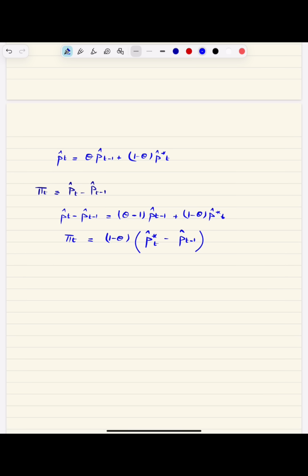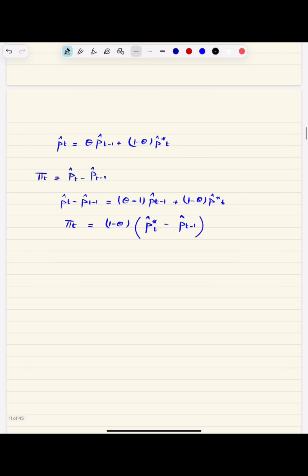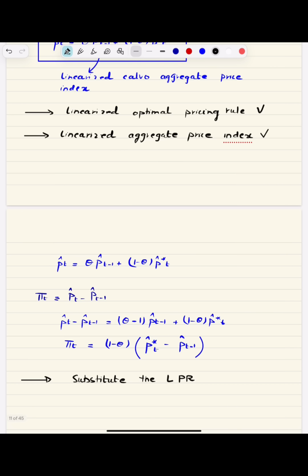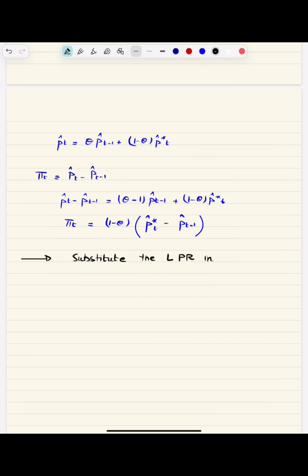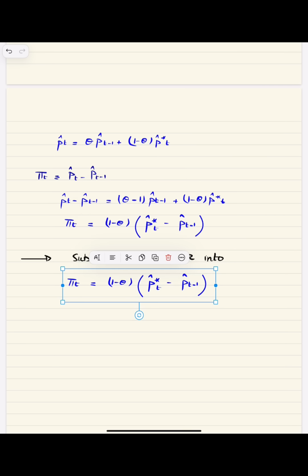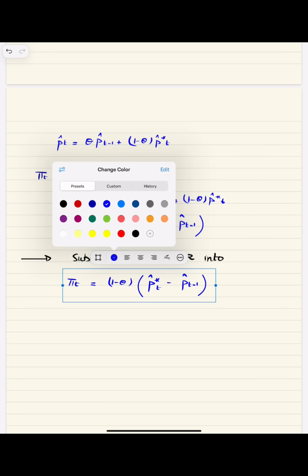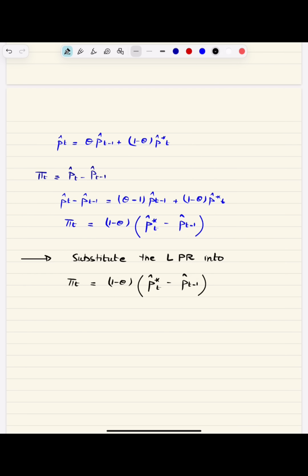So what we have to do next when we derive the Phillips curve is quite simple, I don't even need to do it for you. You just need to substitute the linearized pricing rule, the one we did before, into the linearized version of the index, which we converted into the form of inflation.